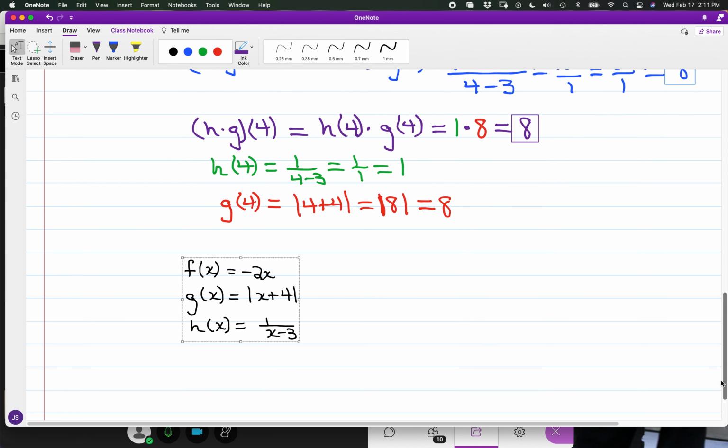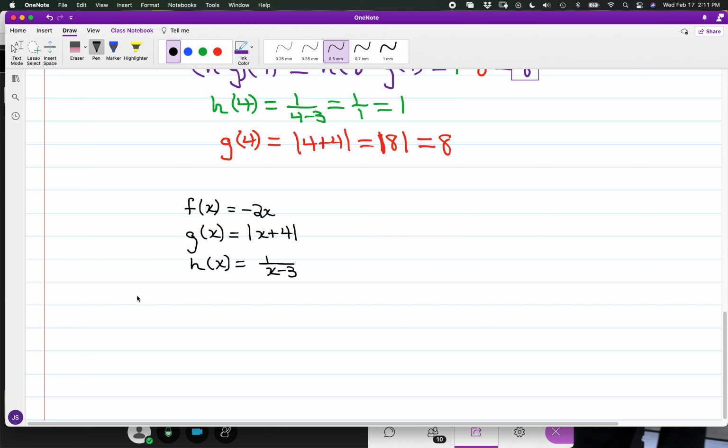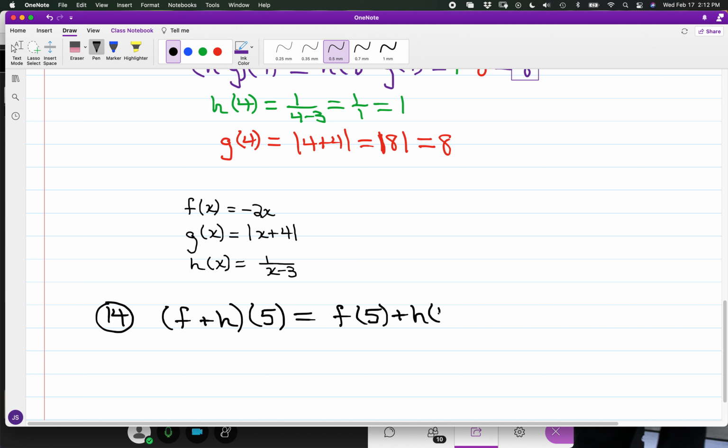Okay, and from here on out, I'm going to apply the specific case. All right, so with f plus h of 5, this will become f of 5 plus h of 5.